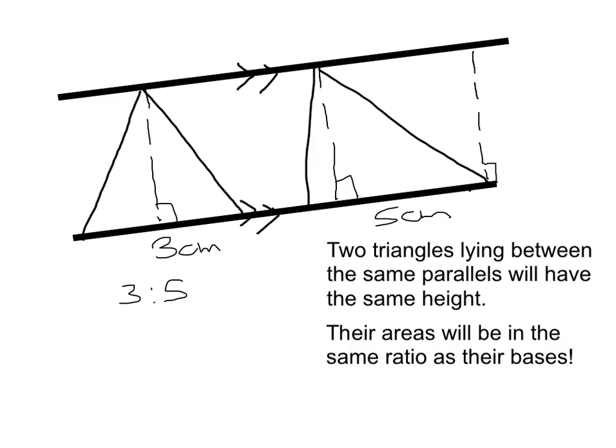That makes sense: let's call the height H, and we know those H's are equal. The first area would be a half times 3 times H, and in ratio to the second area, a half times 5 times H. Obviously the halves and the H's cancel, and that is just 3/5. So that should make sense to us.